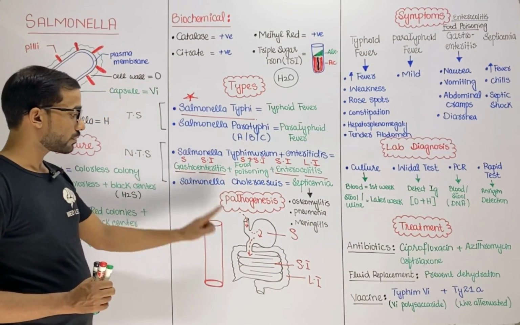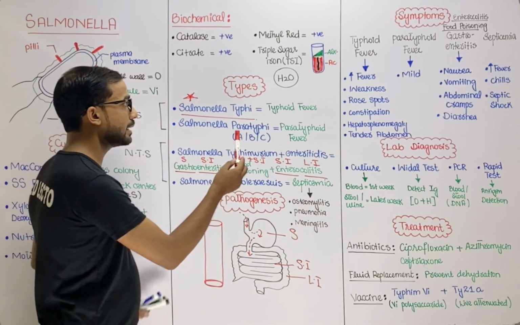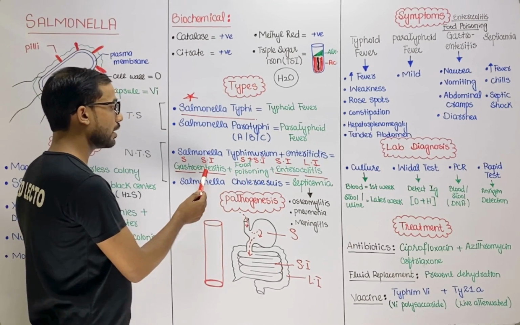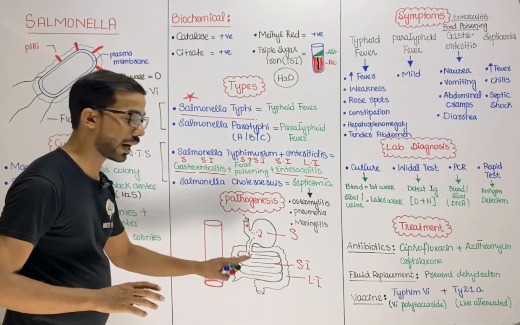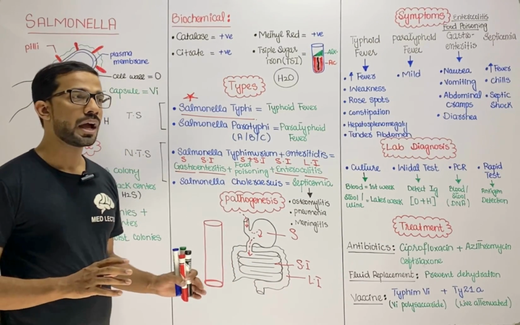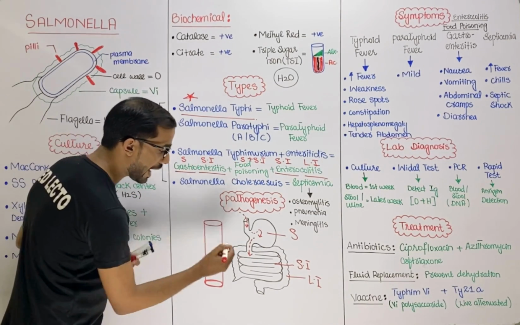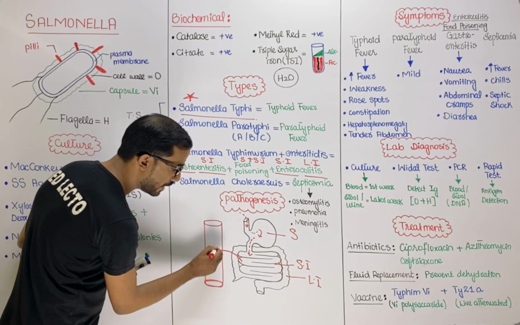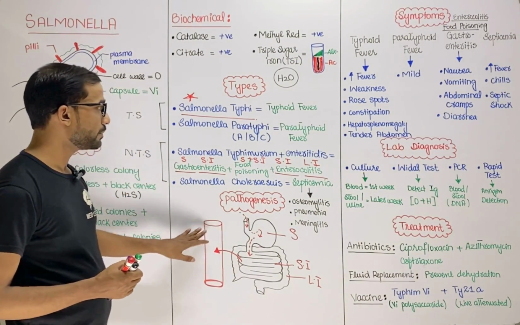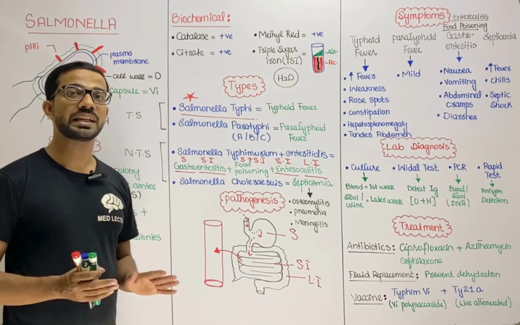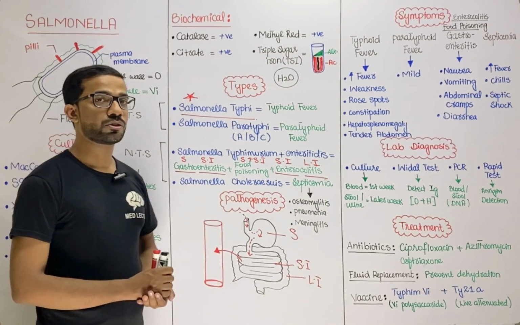After that, in the enteric cases, you will see gastroenteritis, food poisoning, and enterocolitis. This will remain in our gut. It will not spread into the blood in the majority of cases. But in typhoid fever, it can enter from the small intestine into the bloodstream, and in that case you will see bacteremia, presence of bacteria in the blood, and after that you will see the different symptoms related to typhoid fever.